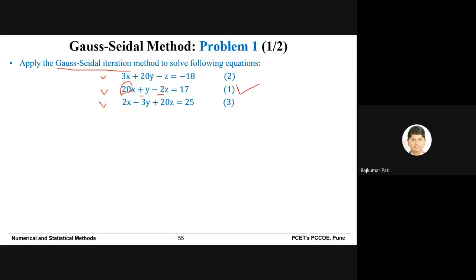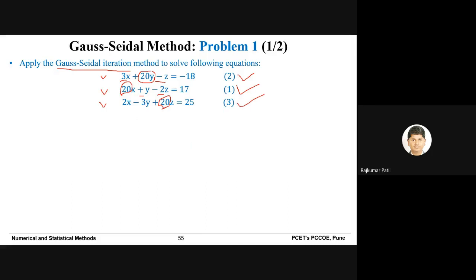Similarly, in equation number 2, we need to make sure that the coefficient of y is greater than the coefficient of x and the coefficient of z. And that's why the equation number 1 given in the problem, we now call equation number 2. And the remaining equation is last, the third equation, where we can see that the coefficient of z is higher than the coefficients of x and y.